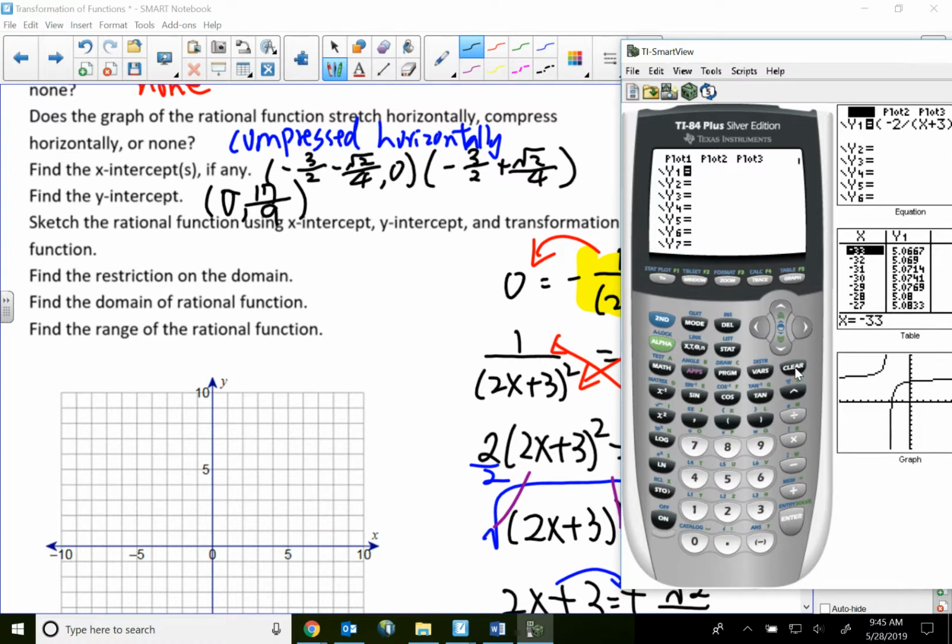Before I sketch this, I'm going to figure out what these numbers are. So I'm going to say negative 3 over 2 minus the square root of 2, divided by 4. It's about negative 1.85, almost negative 2.